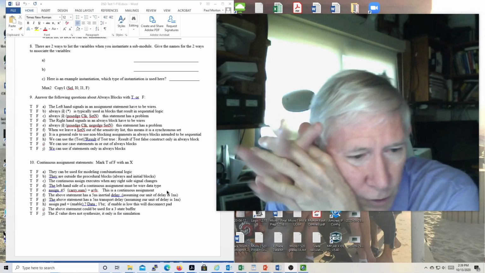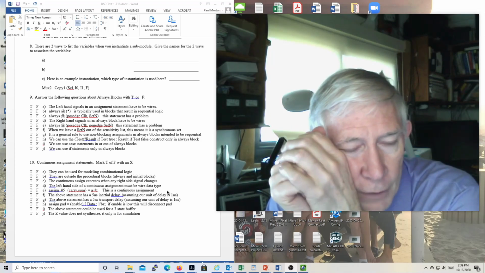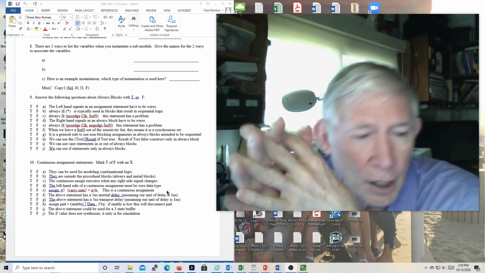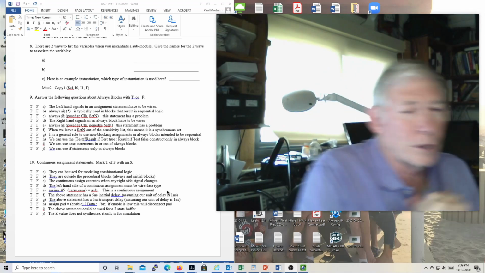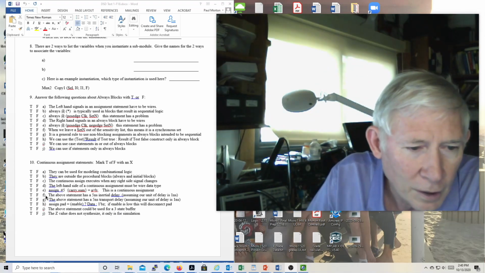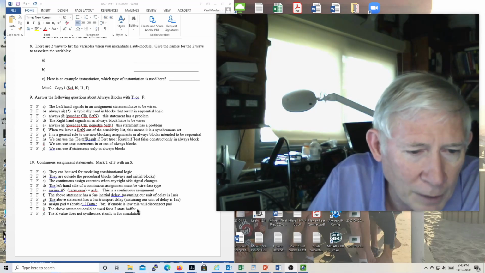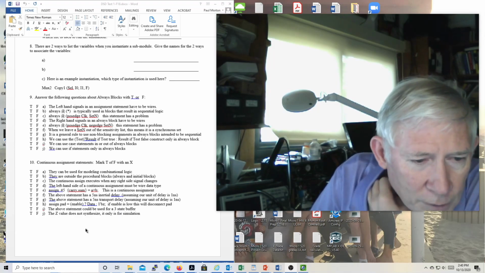That is correct. If enable is low, it's 0, so it evaluates to false. False is the second operand, 1 tick BZ. That means you're sending it to a high Z state, or disconnected. The above statement could be used for a 3-state buffer. Yeah, it could. The Z value does not synthesize. It's only for simulation.